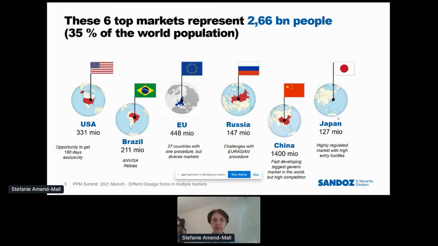And here it's important to say, okay, let's check some markets, because you cannot do this for all markets around the globe. That's impossible. 200 countries, well, not feasible. So let's focus on some of the key markets.